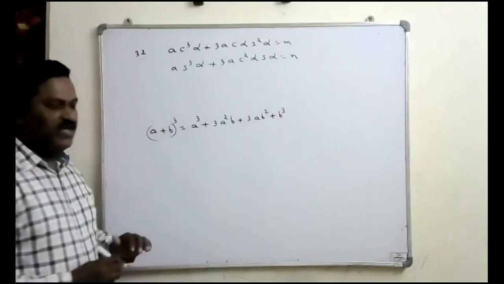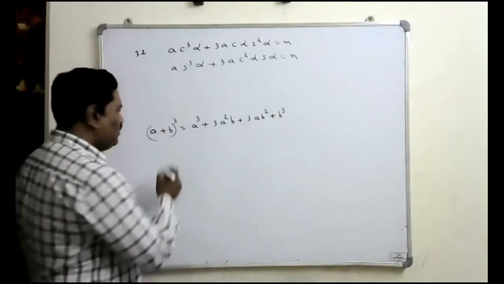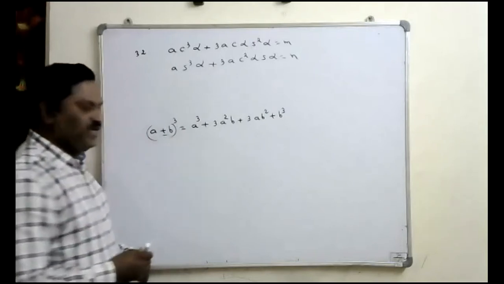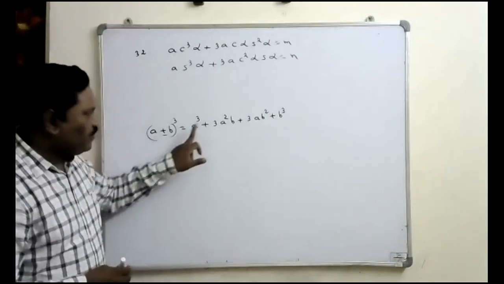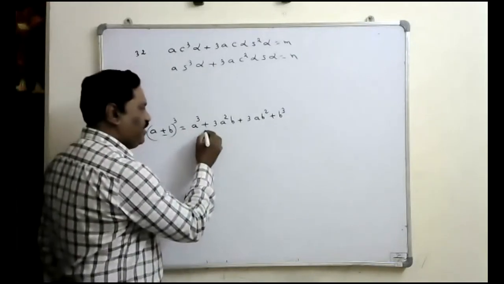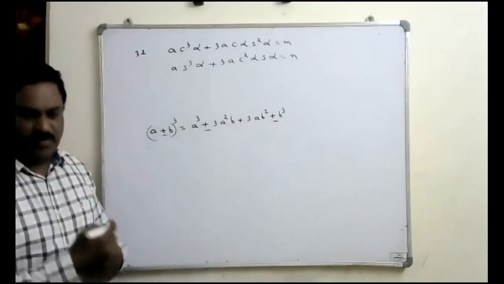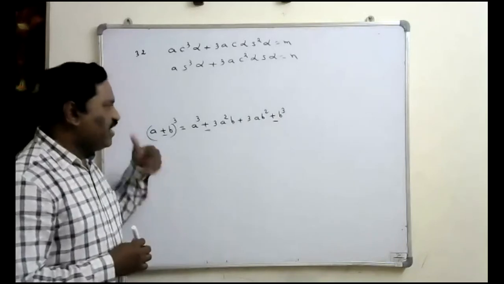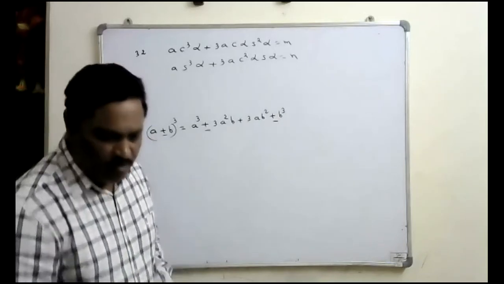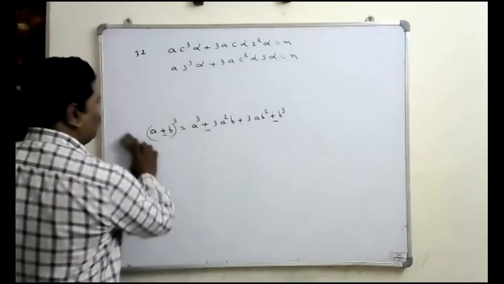This is the formula for (a plus b) whole cube. Similarly, (a minus b) whole cube is a cube minus 3a square b plus 3ab square minus b cube. Alternately we get the plus or minus. That is the formula for (a minus b) whole cube. So we are going to consider these two formulas here.